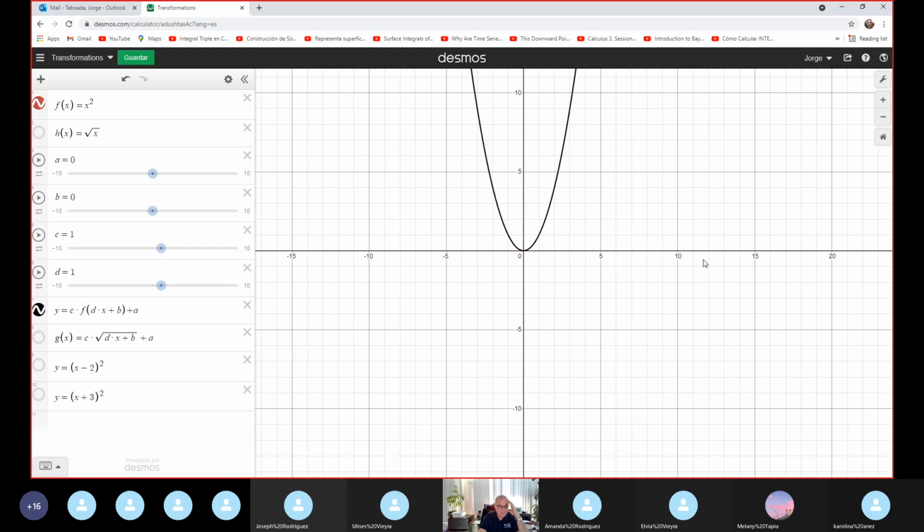Suppose C is greater than 1, because C equal 1, no transformation. Look at the difference. A, B is 0, no transformation. But C and D is 1 when there's no transformation. C equal 2 is, look at that. What is the effect? Do you understand that it's vertical stretch?